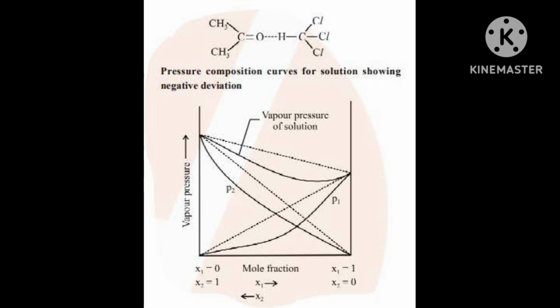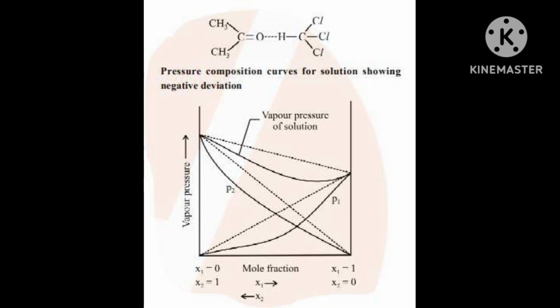The plot of vapor pressure as a function of mole fraction for such a solution, I will send the graph, but it is very easy to understand. Last class I discussed that vapor pressure depends on the mole fraction.